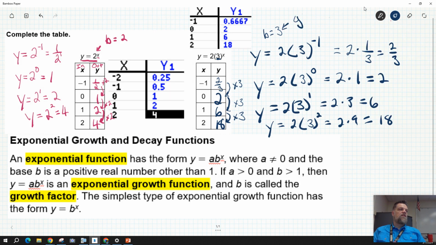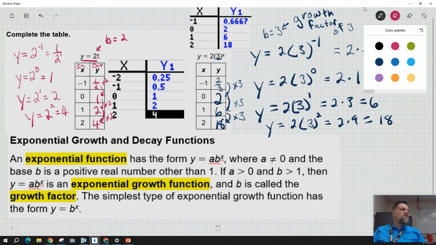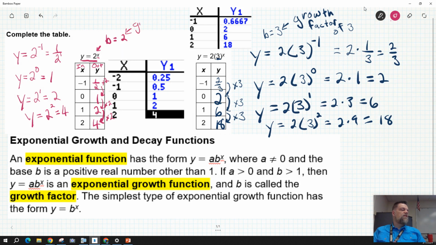You would say growth factor of 3. And then over here, we would say that this is a growth factor of 2. Okay, so I'll leave that up there for a second and let you guys write that down.